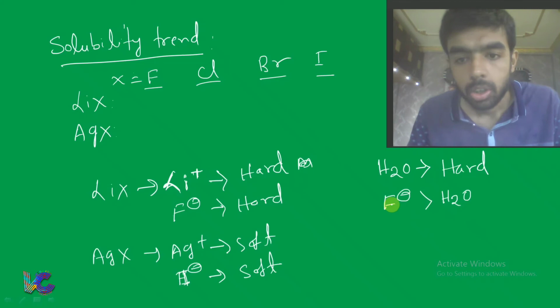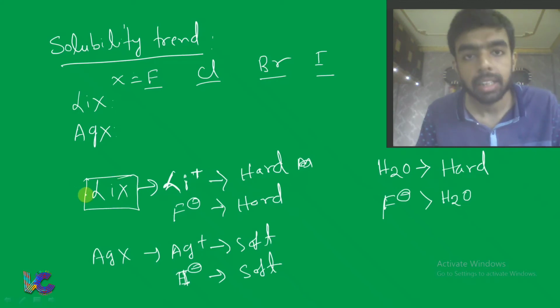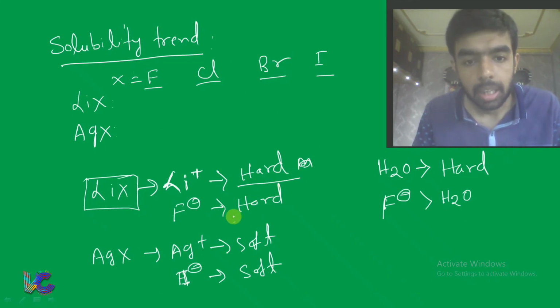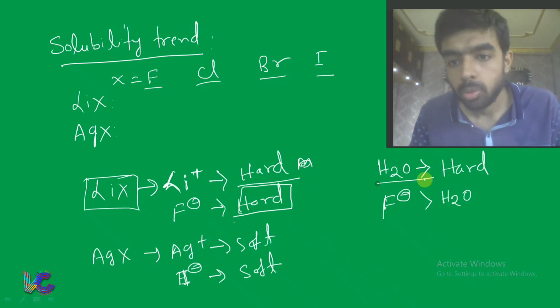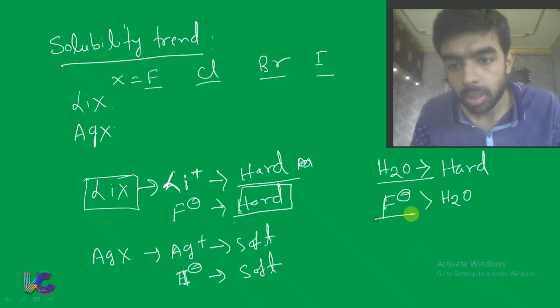So when LiF is dissolved in water, in that time Li+, as it is hard, will prefer to combine with harder F- than H2O, because H2O is hard, F- is also hard, but F- is harder than H2O.